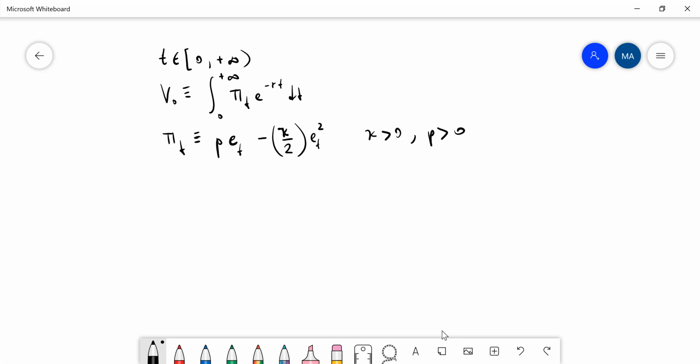So these are given. Now the amount of fish is going to have this law of motion. So first, if you let them behave as they are, they have a death rate and a birth rate.